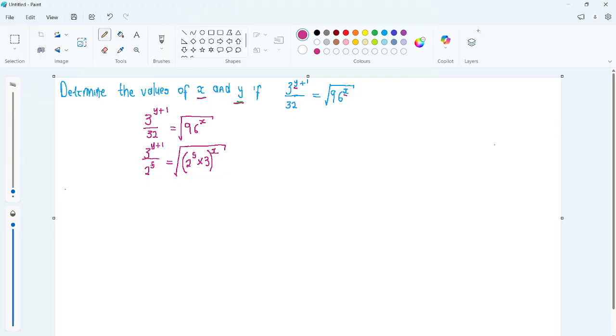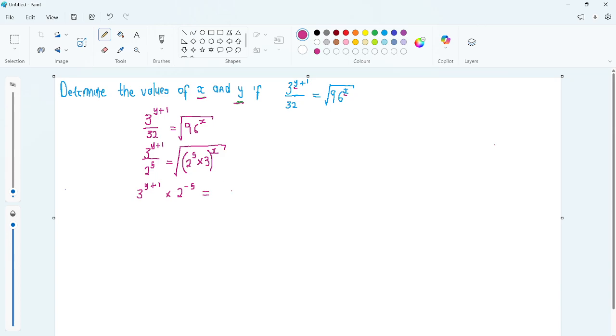I want to take this exponent to that side, because this is scary for me. I just want it to look linear. So I'm just going to have 3 to the exponent of y plus 1, all times 2 to the exponent of negative 5. Because when I take it to the other side, the sign of the exponent changes. That's why I put negative.